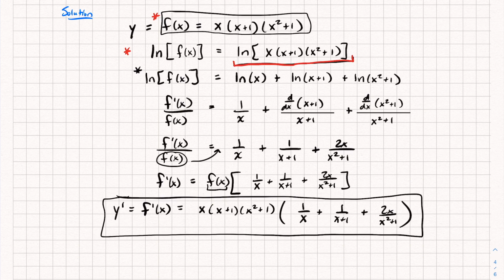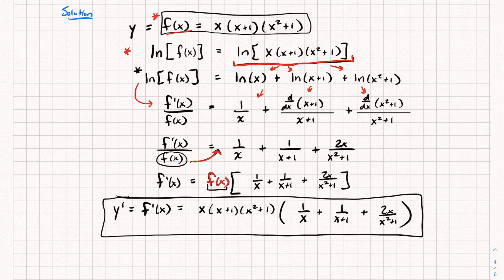Once I get everything expanded, I can then use the chain rule for ln's to go through and derive, giving me an f prime over f of x always, and then taking the appropriate derivatives and following the appropriate rules. Once I derive and simplify what I need to, then we multiply f of x to the other side, which we will always have to do, and f of x is always the original function.